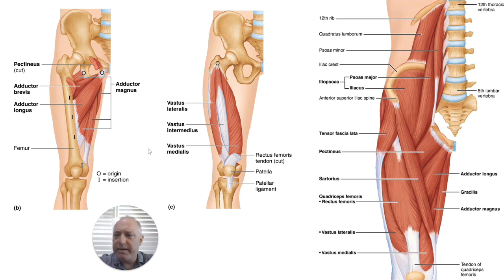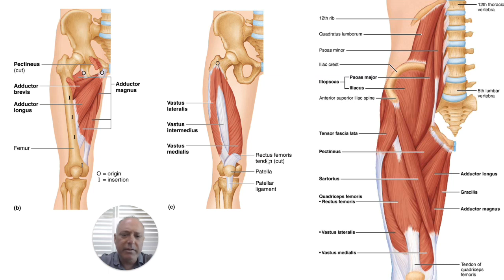Okay, let's move down to the hip. The pectineus is cut away here to show the adductor brevis and the adductor longus, as well as the adductor magnus. Around the femur is the vastus lateralis, the vastus intermedius, and the vastus medialis.